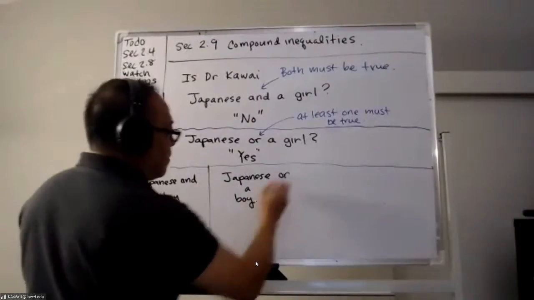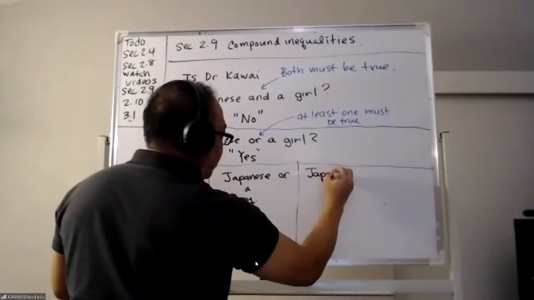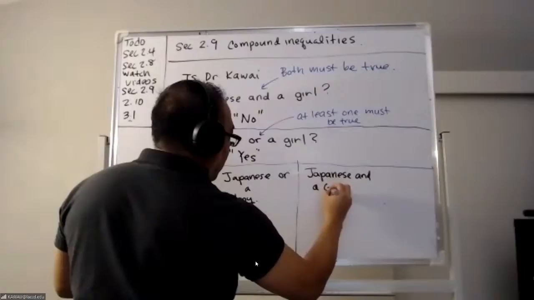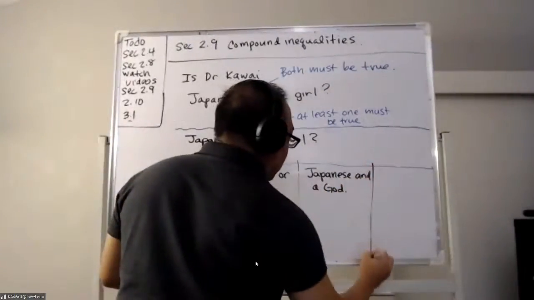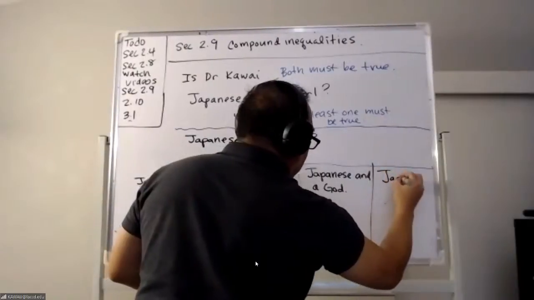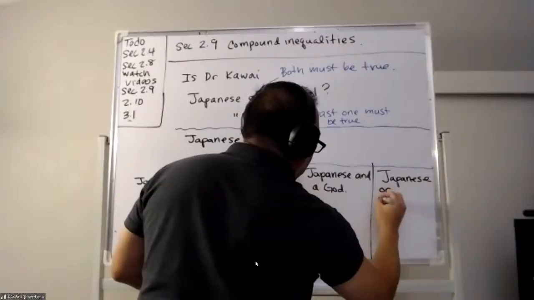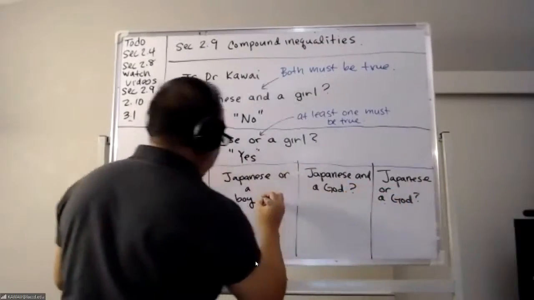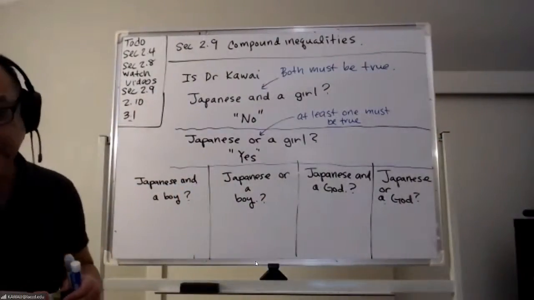Okay. Japanese and a god. Japanese or a god. Okay. So go ahead and answer those questions.